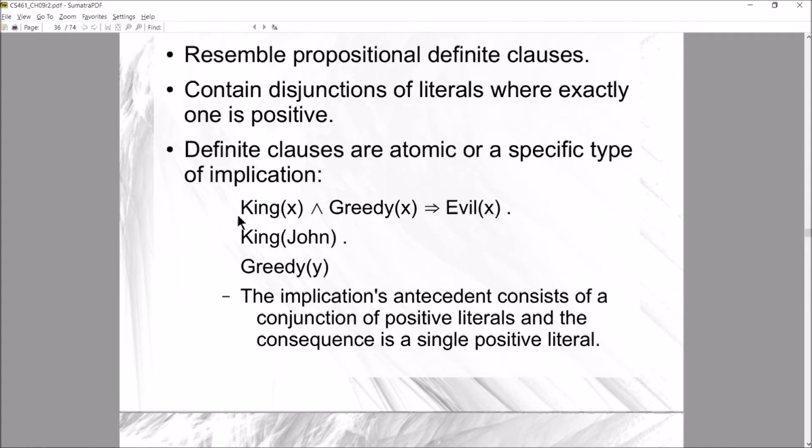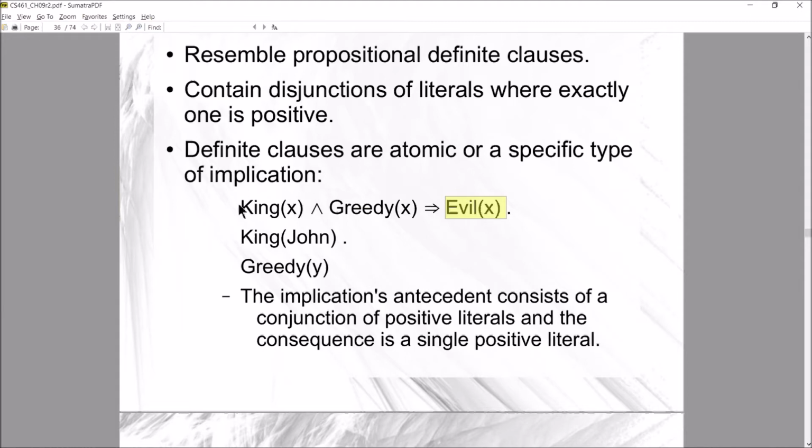And the implication here, the antecedent part, right, this is the specific type of implication. It's going to have a conjunction of positive literals, and the consequent has to be a single positive literal. Okay, so those are two restrictions. Right?